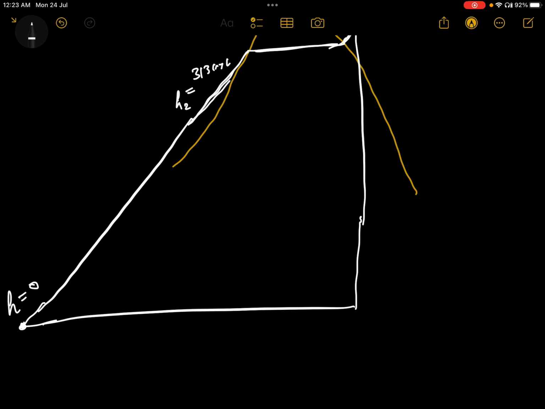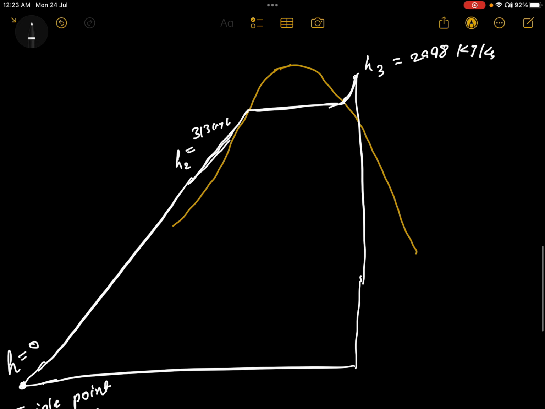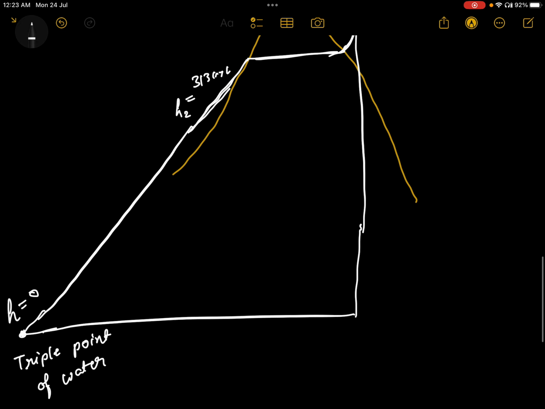So what is that line? Scientists have decided that line is the triple point of water. That's why we usually draw the TS diagram for the vapor phase or the water liquid-vapor phase.